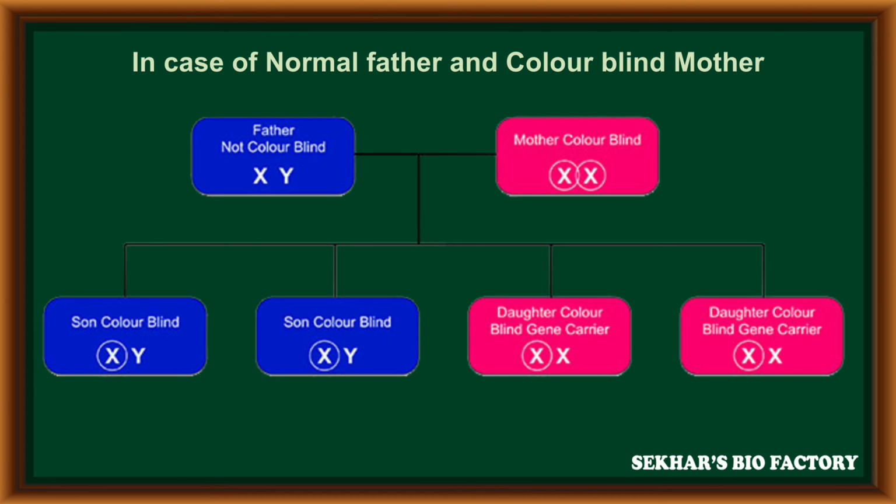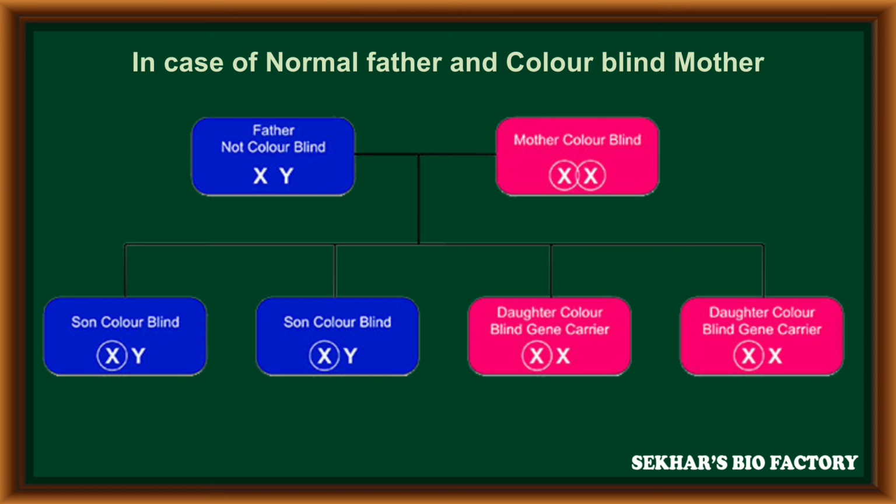And one more case, in case of a normal father and colorblind mother. The mother is colorblind, but there is no colorblind defective allele in the father. In such condition, the first son becomes colorblind by receiving the defective allele from the mother. And the second son also becomes colorblind because he also received the defective allele on the X chromosome from the mother.